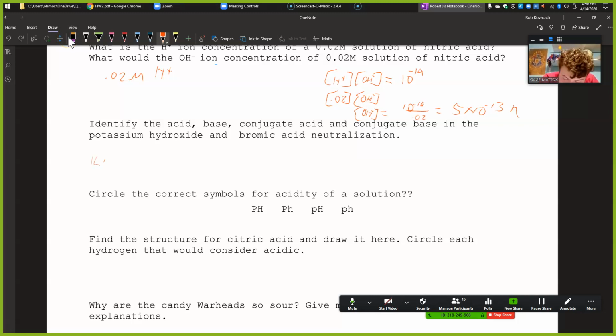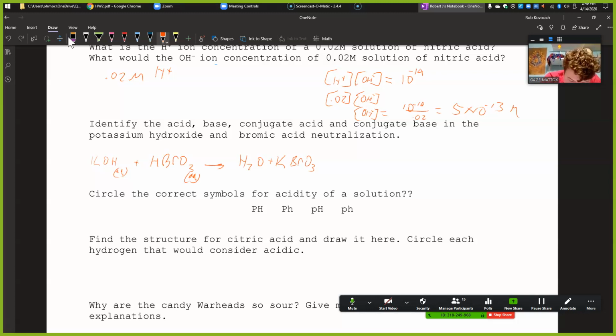All right, identify acid, base, conjugate acid, and conjugate base for the neutralization of potassium hydroxide and bromic acid. So I've got KOH and I've got HBrO3. On the other side over here, I've got water and KBrO3.